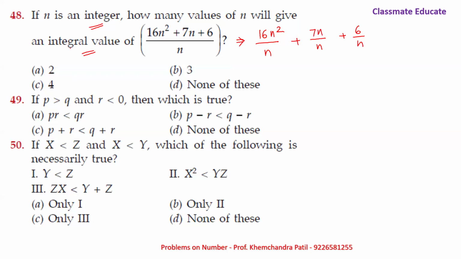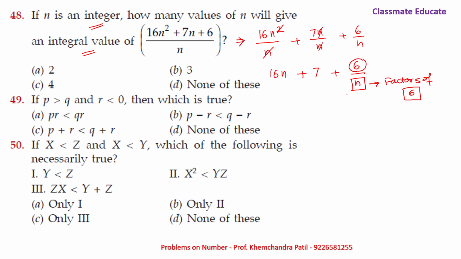नाउ हमें इंटीग्रल वैल्यू चाहिए दिस पूरे एक्सप्रेशन की. सो यहाँ पे n तो कट गया, यहाँ पे 16n आया, यहाँ पे भी कट गया. सो आई गॉट 7 हियर. तो नाउ आई रिक्वायर्ड दोज वैल्यूज ऑफ n which will exactly divide this 6. That means I want factors of 6. Now tell me which are the factors of 6.